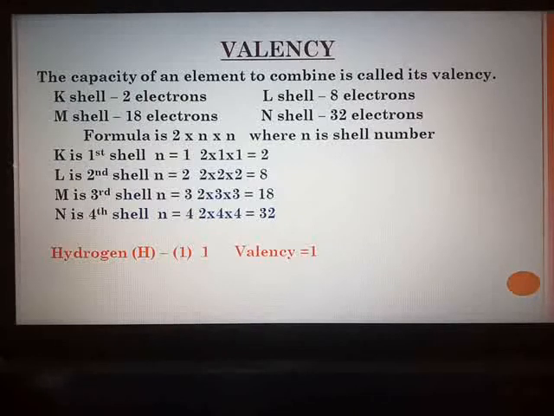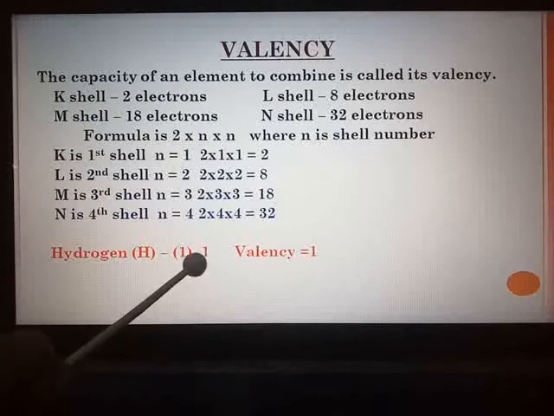As each one of you has your unique roll number, similarly, each and every element has its own symbol and atomic number. So, the first element starts with hydrogen having atomic number 1. So, while writing the electronic configuration, it will be only one electron and hence valency is 1.